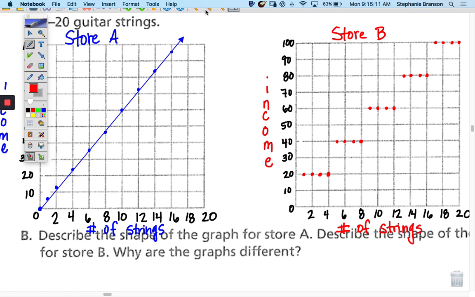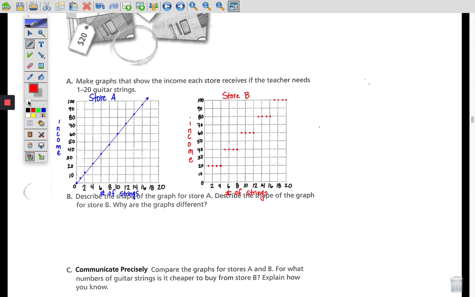Alright. Part B now says, describe the shape of the graph for store A and describe the shape of the graph for store B. Why are the graphs different? So I said the graph for store A is a straight line. And then I said the graph for store B jumps between flat sections.